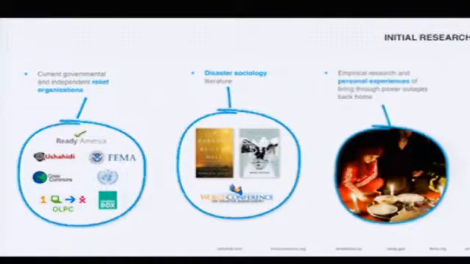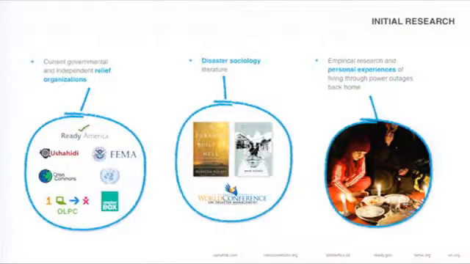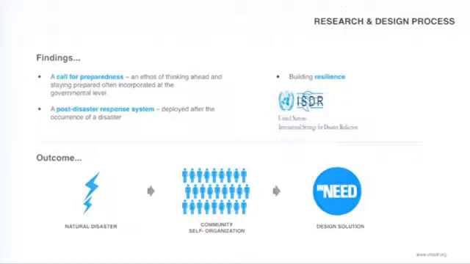Now, this research made evident two kinds of systems that are currently in place. The first one was a call for preparedness, an ethos of thinking ahead and staying prepared, often incorporated at the governmental level. The second one was a disaster response system, which is often deployed after the occurrence of disasters.